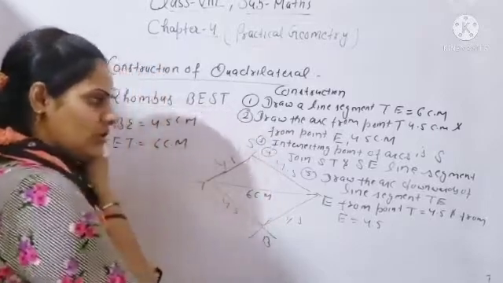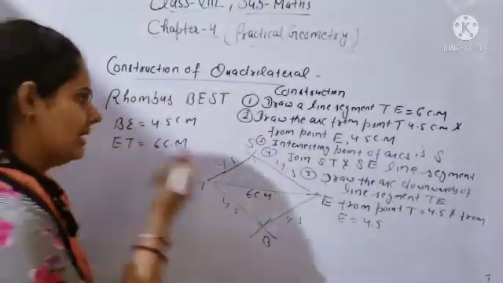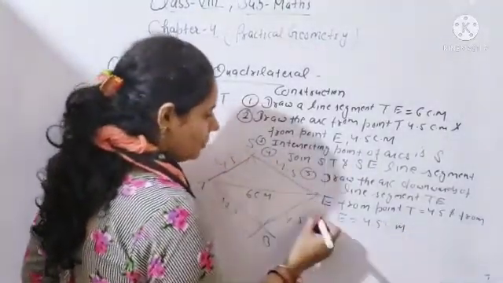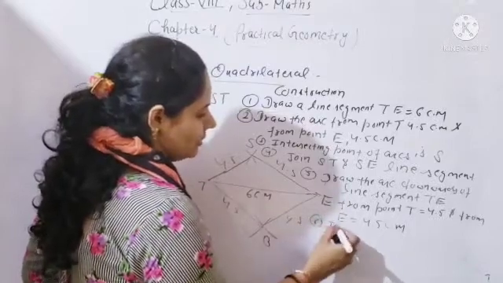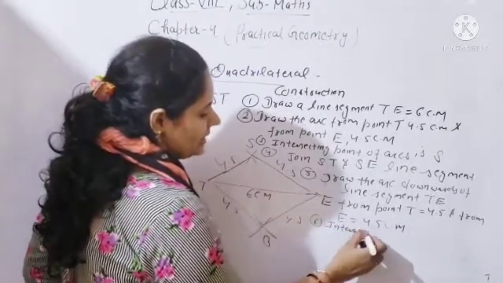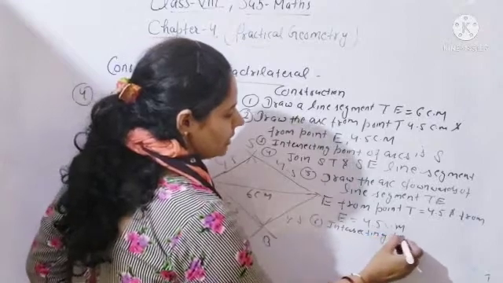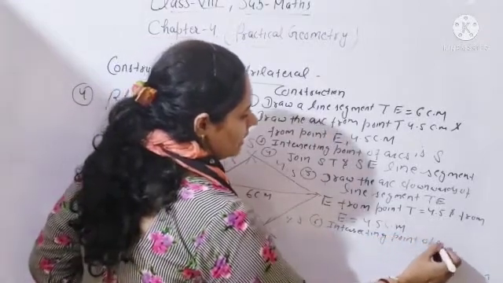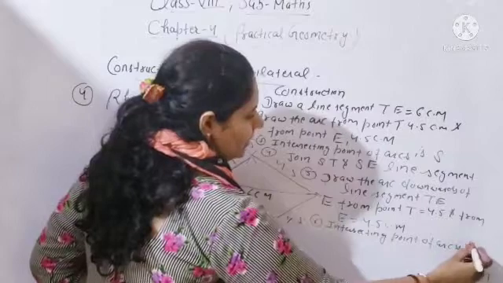Okay, from E also equal to 4.5 centimeter, and intersecting point of both the arcs. Next step, the intersecting point of arc is B point.